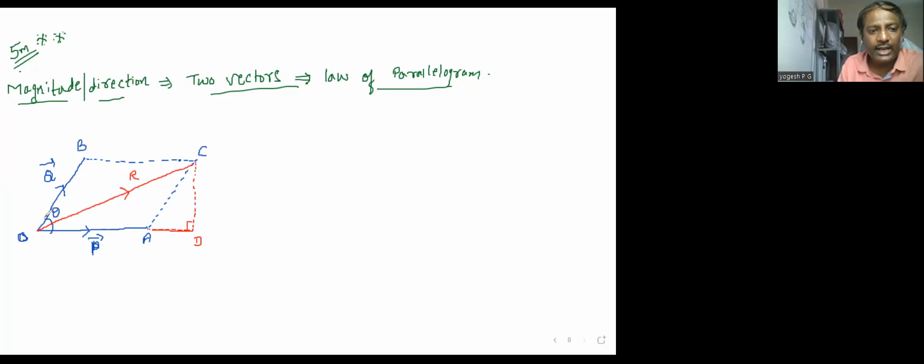If this is theta, then this should also be theta according to the corresponding angle. This is Q, this is P. Now, in the triangle OCD, I will use the Pythagoras theorem. Can you tell me the Pythagoras theorem for OCD?